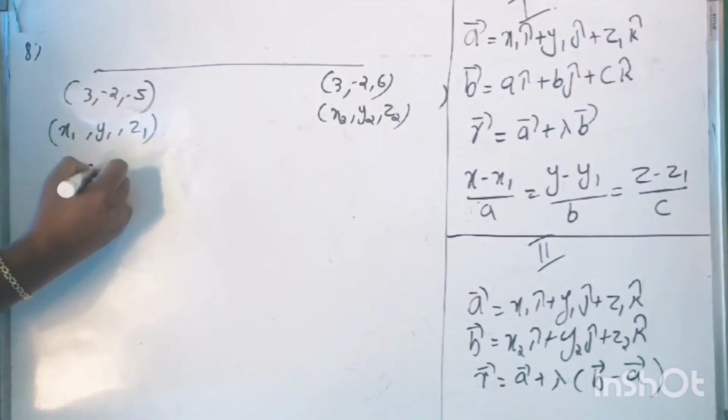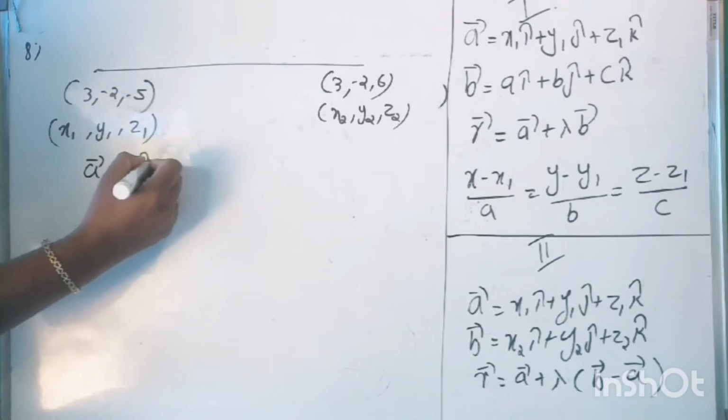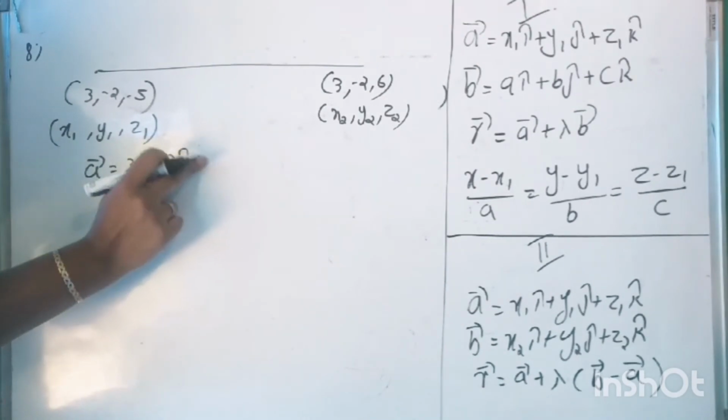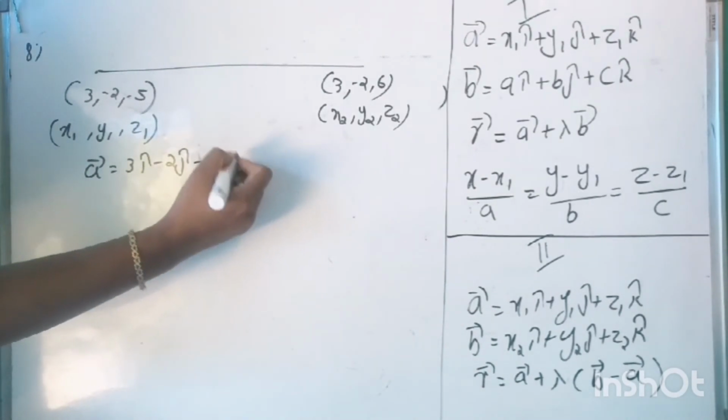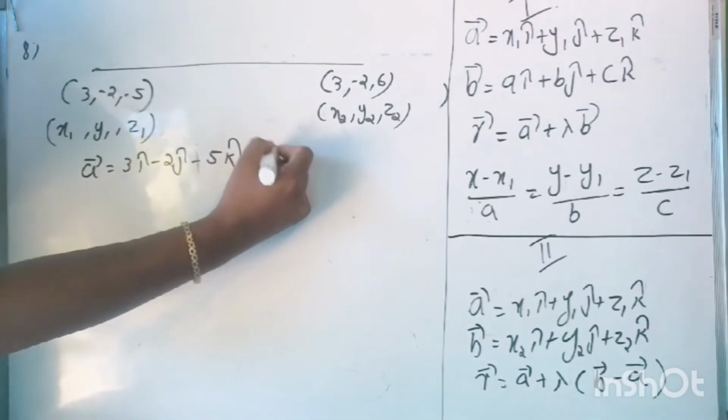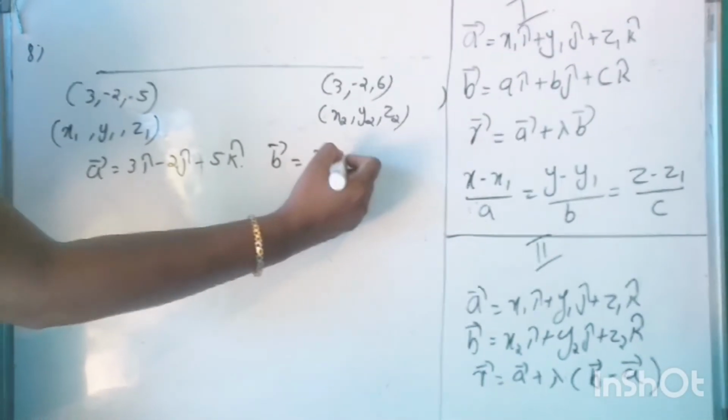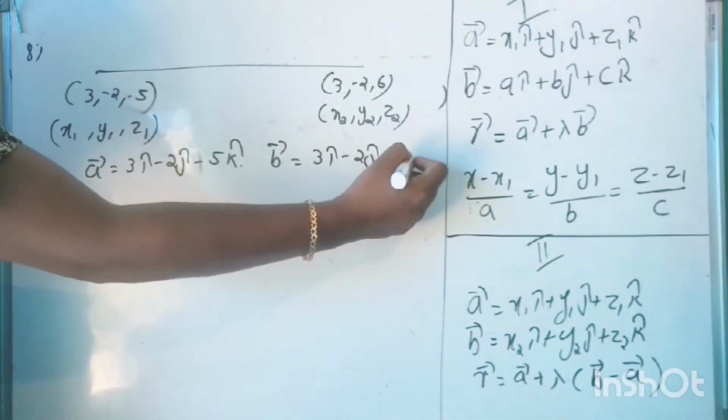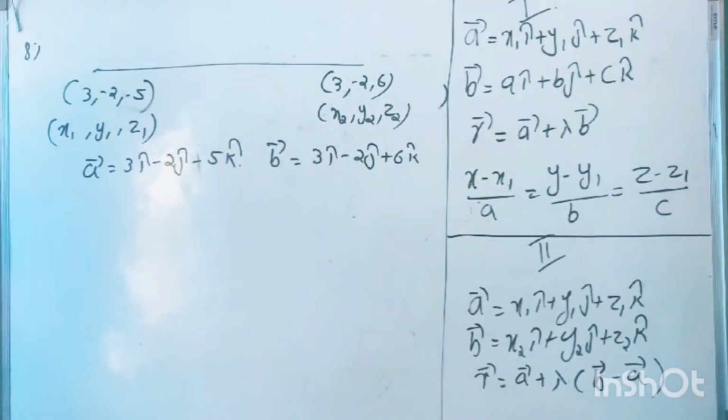Then A vector we will get as 3i minus 2j minus 5k, and B vector is equal to 3i minus 2j plus 6k.